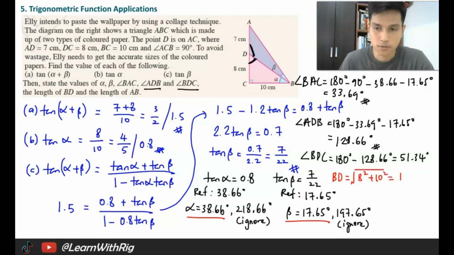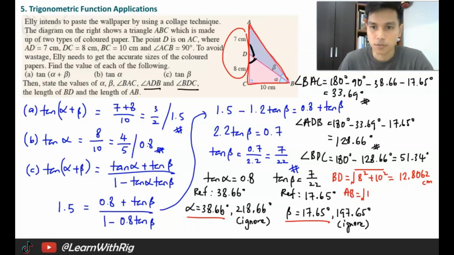You should get 12.8062 cm. And then you want to find AB. AB is here. Same thing, you can use Pythagoras theorem. So AB equals the square root of 15 squared plus 10 squared. Your final answer should be 18.0278 cm.